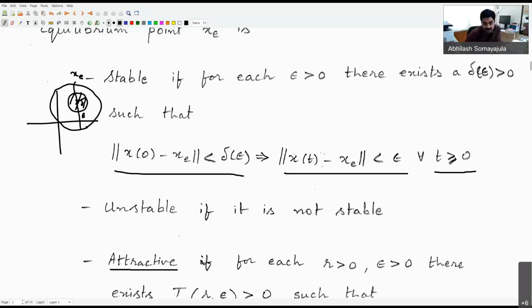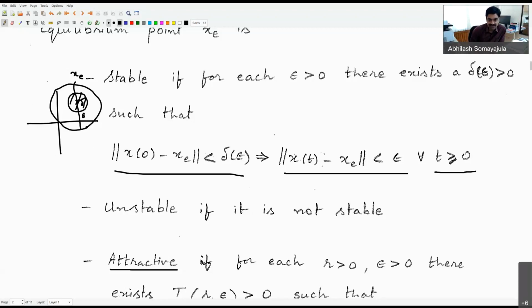So no matter wherever we start, we will be inside that epsilon ball. The basic idea is no matter how big the epsilon is, I can always find the delta corresponding to that epsilon where I can be in the ball. Otherwise, locally is a weaker statement.